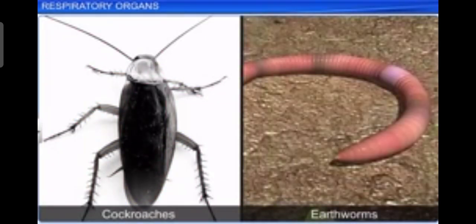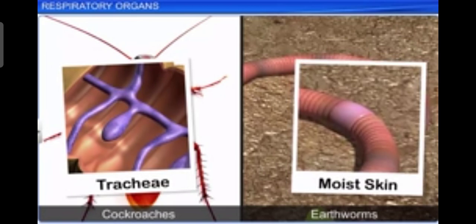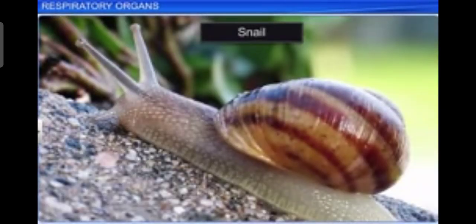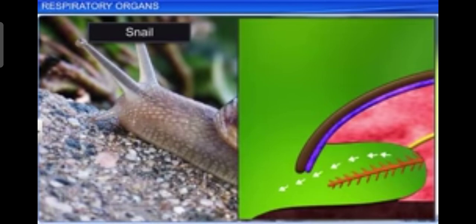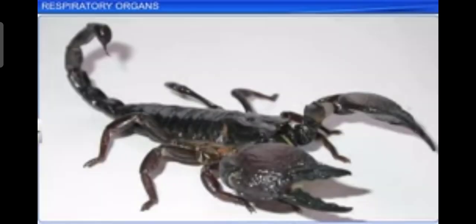Insects like cockroaches have tracheal tubes, and earthworms have moist skin for exchange of gases. A snail has ctenidium, a vascularized structure for exchange of gases.